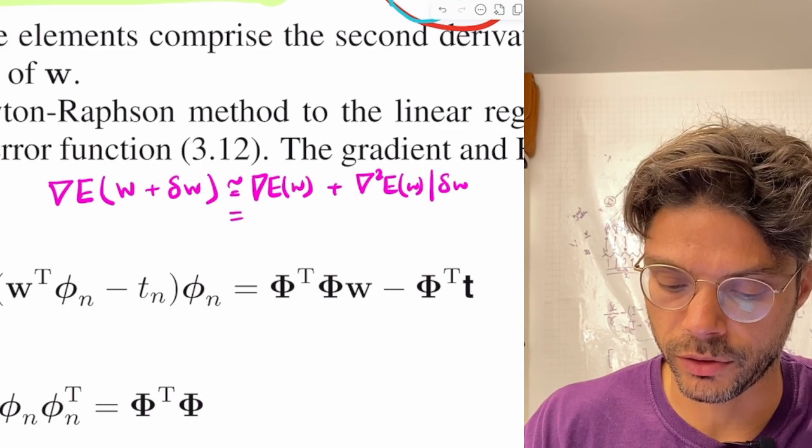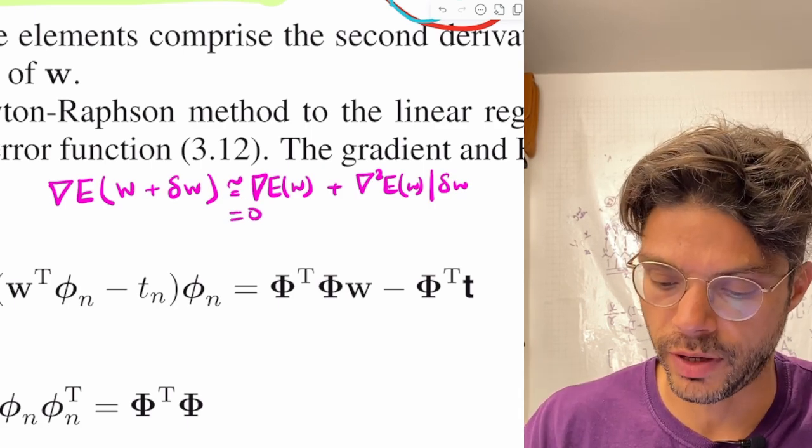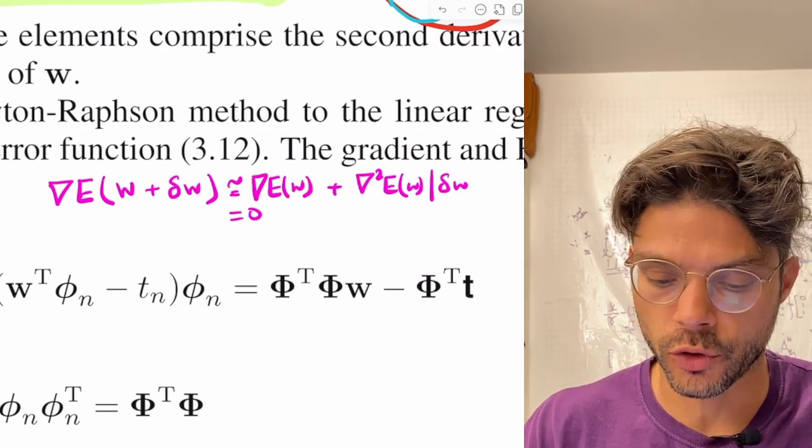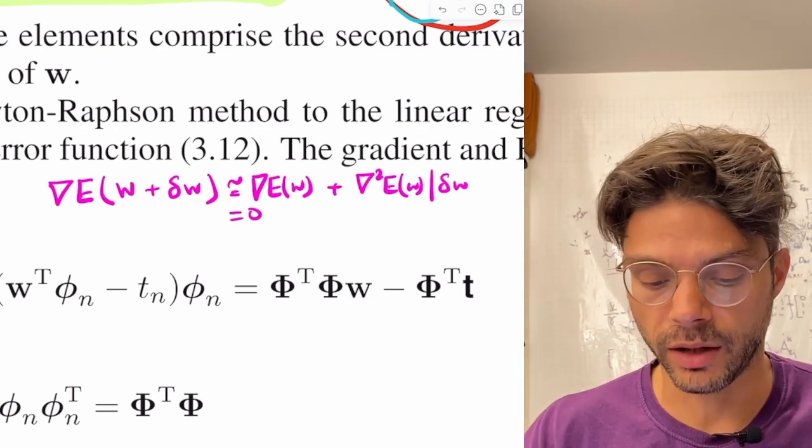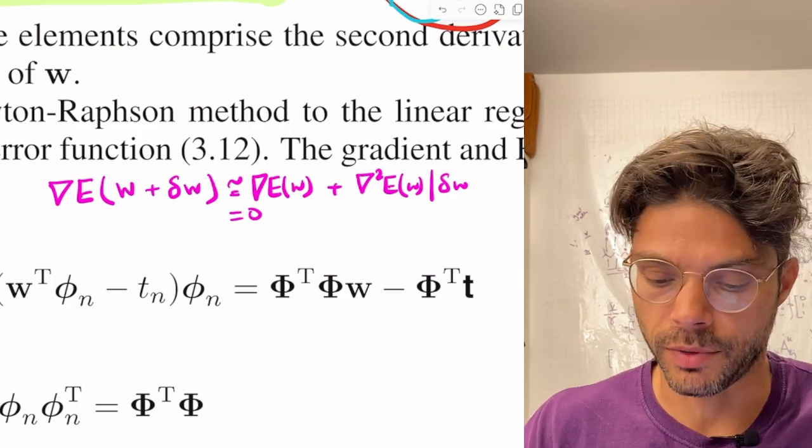And now we just set this equal to 0. So we're trying to find, using just the curvature information and our gradient, the delta so that the gradient at this approximation equals 0.